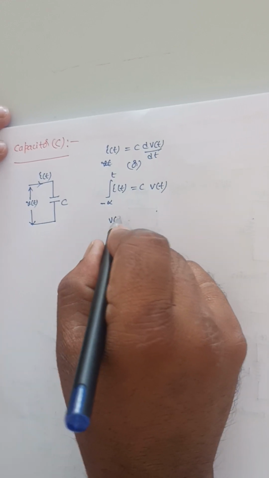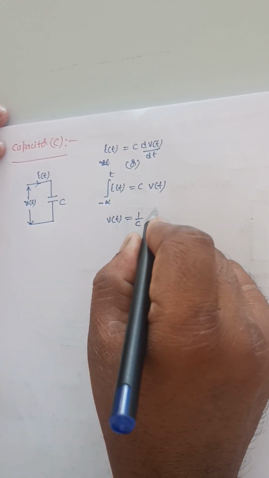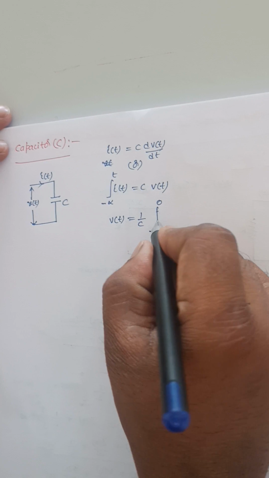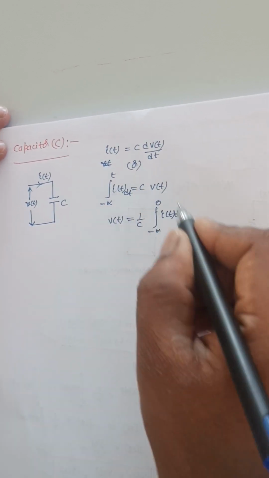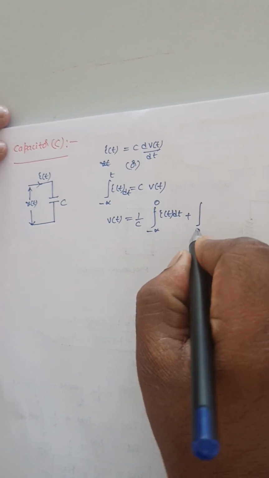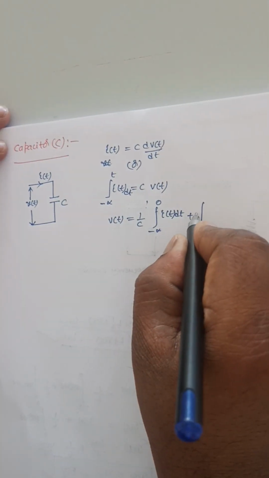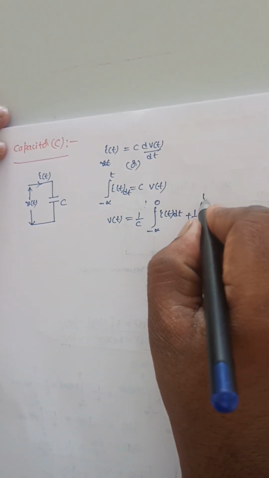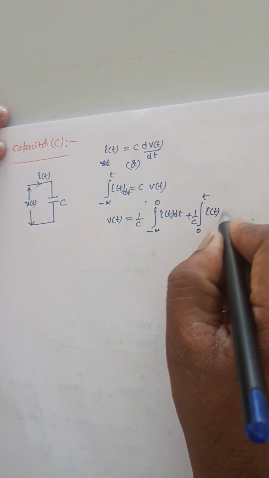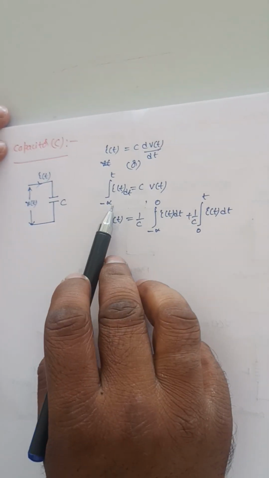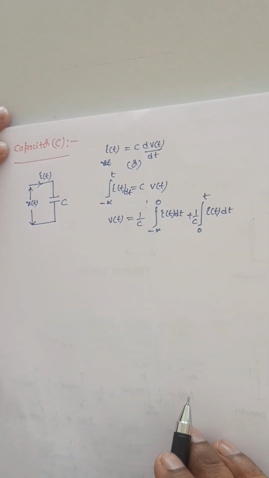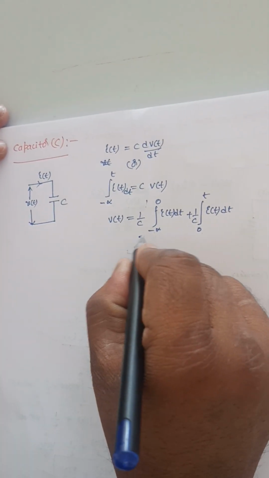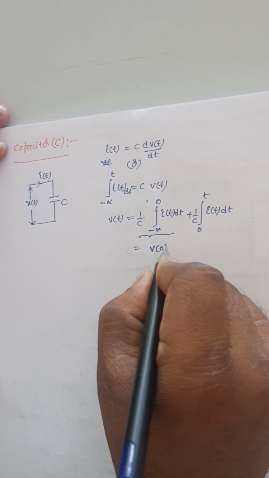So V of t is equal to 1 by C into integral minus infinity to 0 I of t dt, plus 1 by C into integral 0 to t I of t dt. I can split this integration like this, minus infinity to 0, and 0 to t. And anyway, this value is V of 0.